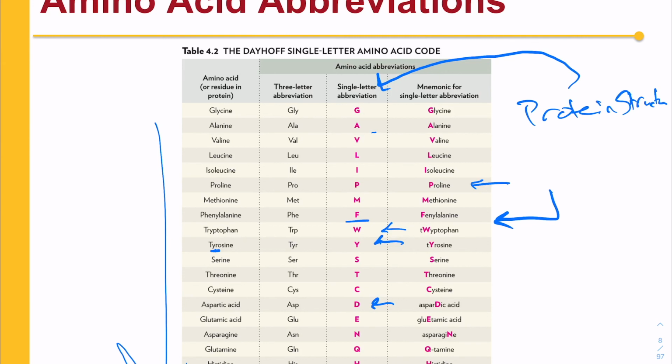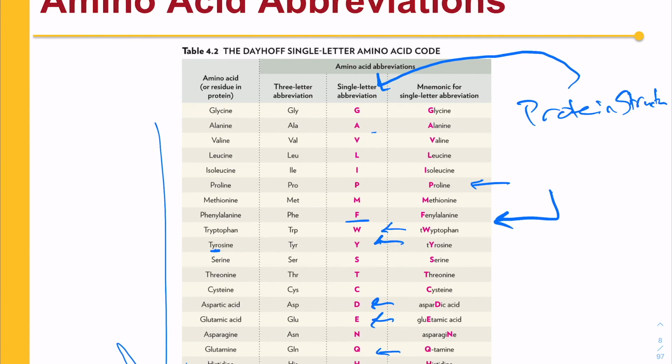Here for glutamic acid, they went with G, but then they went to the letter closest to G, which is E. So in general, it's a single letter, but there are going to be some things where you just have to kind of know. Glutamine, they say it sounds like a Q, so they go with a Q for that one.